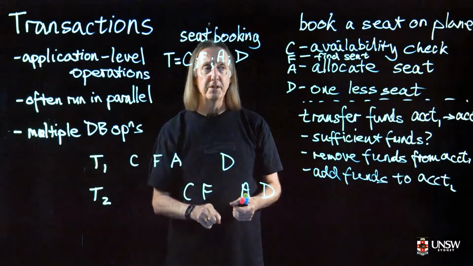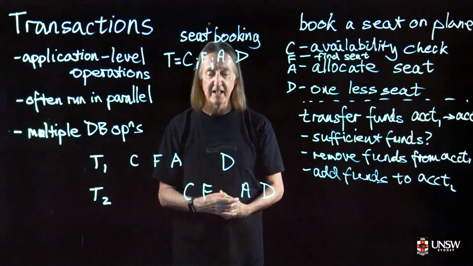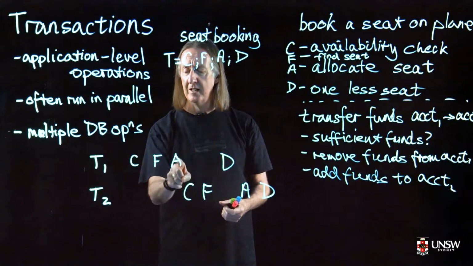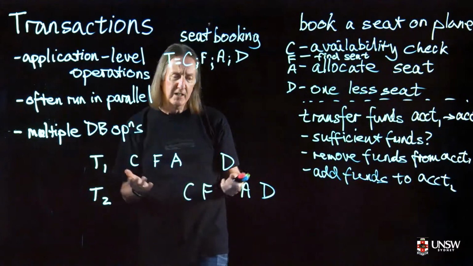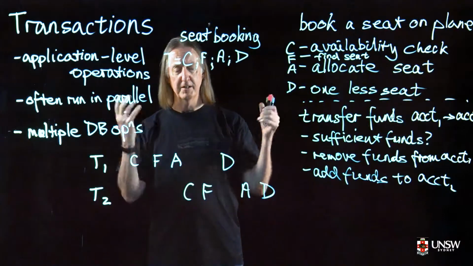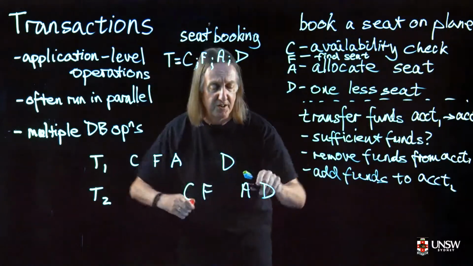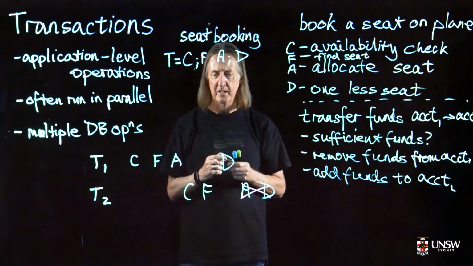And it'll look through the table of seats, looking for an unallocated seat, but it won't find one because it was already allocated by T1. So at this point, this transaction will actually fail and say, oh, there are no unallocated seats. So these 2 operations are actually never going to happen.